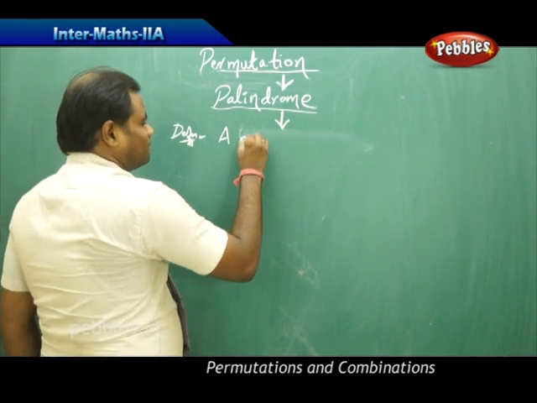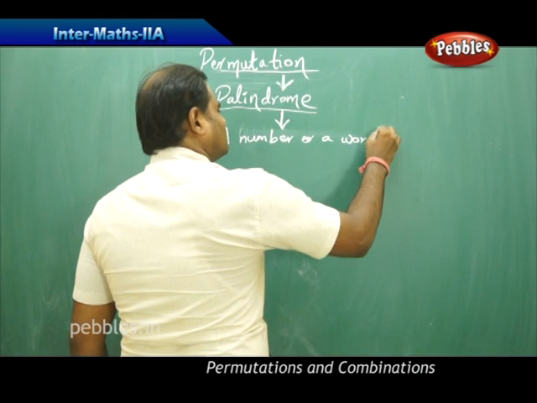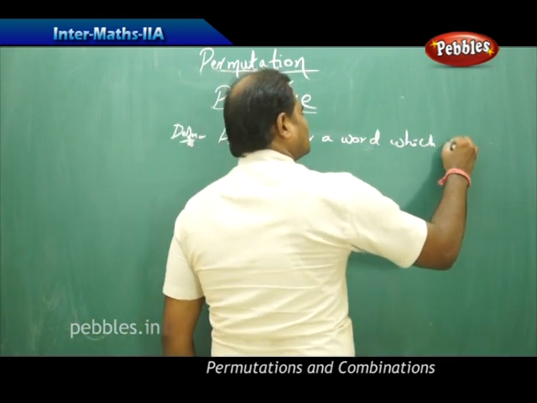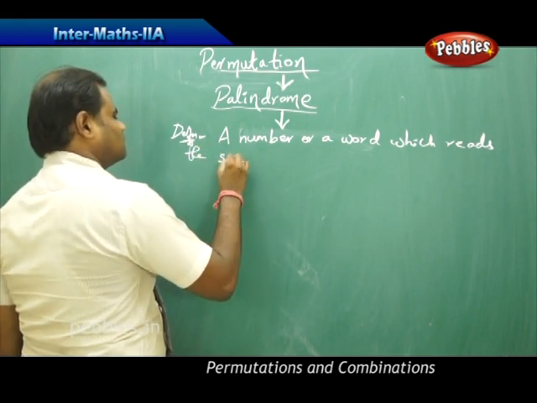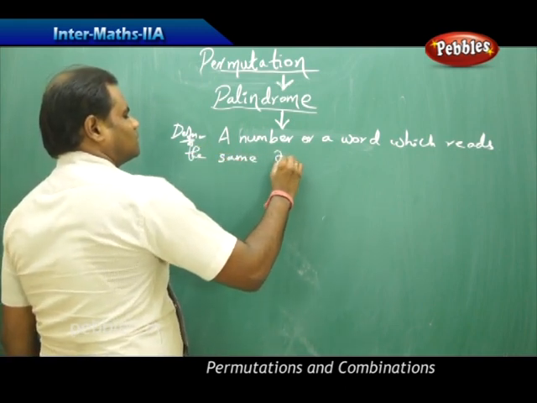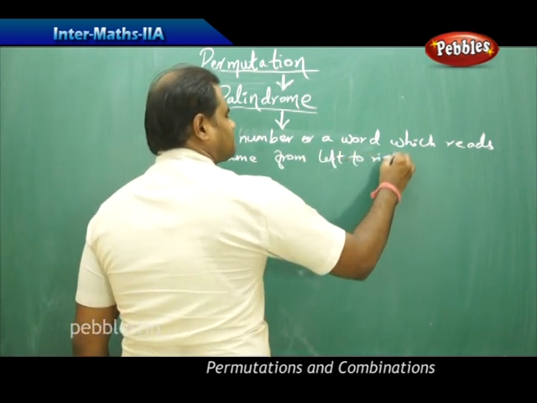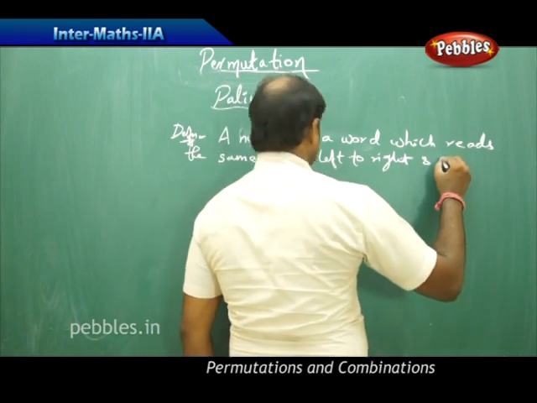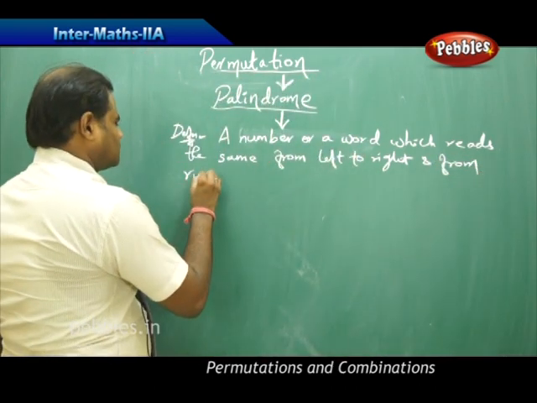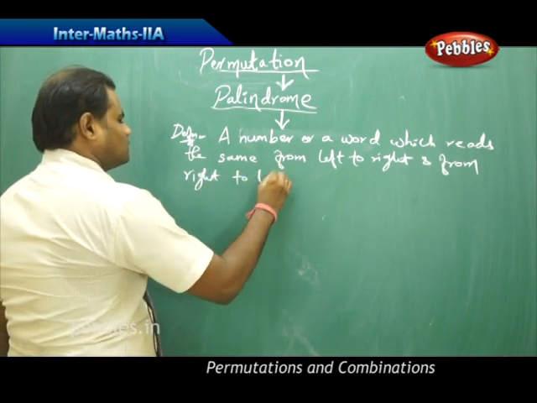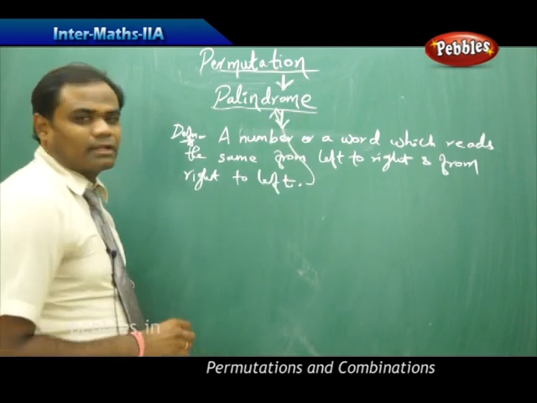A number or a word which reads the same from left to right and from right to left is called a palindrome, is how we define a palindrome.